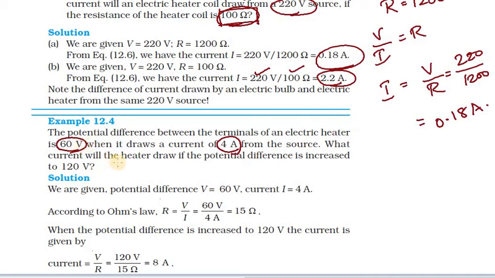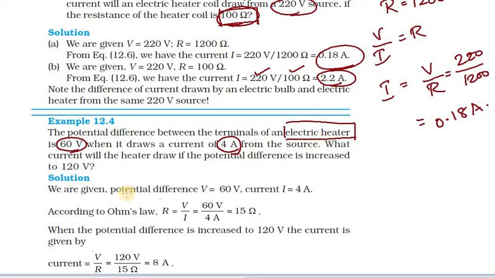First of all, I have said that for a given equipment, its resistance value does not change, because its coil setup and everything is fixed. So the amount of resistance offered by that particular equipment will always be the same. So when it draws 4 amps at 60 volt, we can find its fixed resistance.